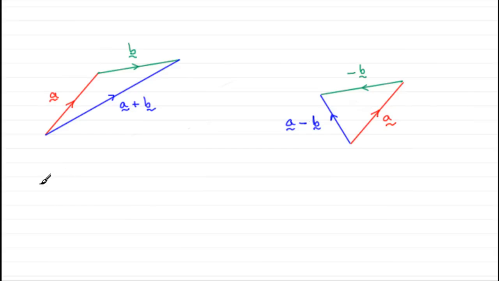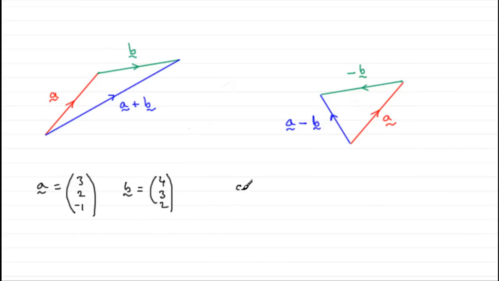Now if A was, say, the vector 3, 2, minus 1, or 3i plus 2j minus k, and B were the vector, say, 4i, 3j, and 2k, then we can add and subtract these vectors.